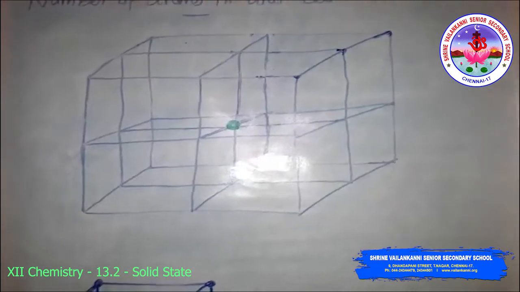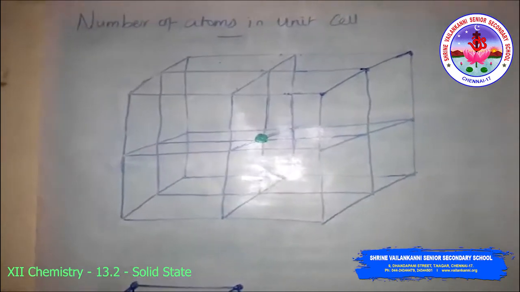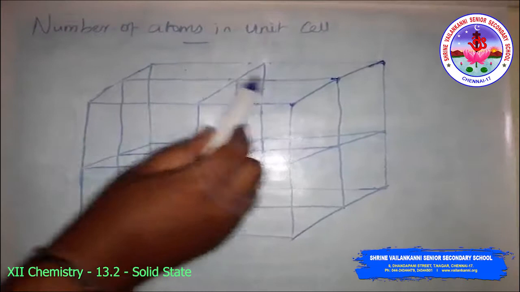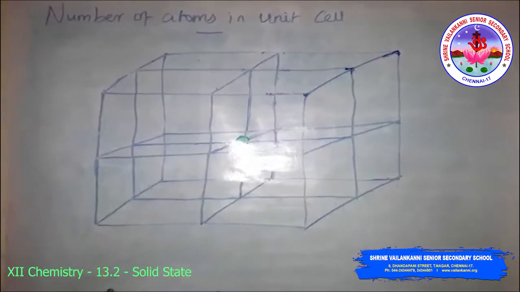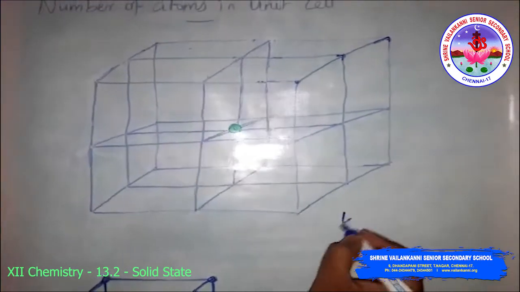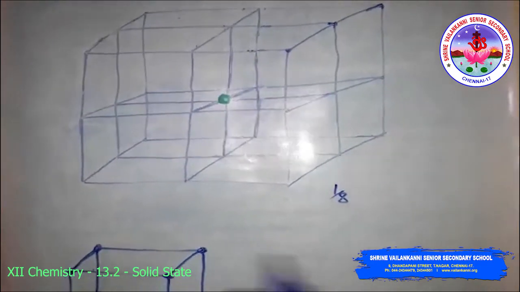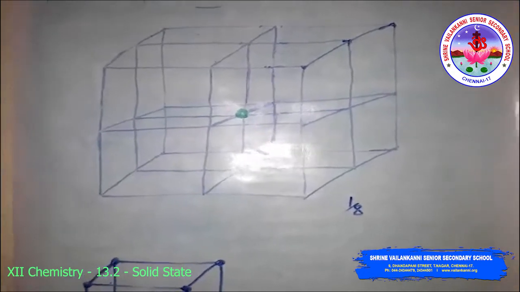So 4 units are in the same layer, and 4 units are in the upper or lower layer. This is the upper or lower layer, and this is the same layer. Therefore only 1 by 8, that is 1 by 8th of an atom, actually belongs to a particular unit cell.